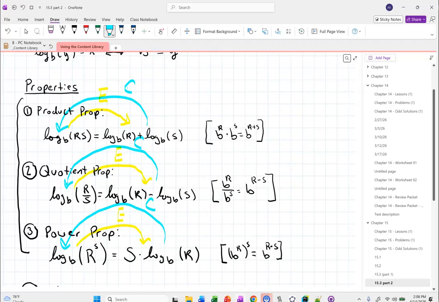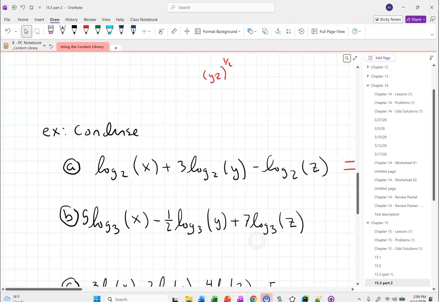So for a condensing problem, we're looking for the product property, we're looking for addition between two logs. For quotient property, we're looking for subtraction. For power, we're looking for a coefficient times the logarithm, right? So just kind of reminding you, everything is in reverse when we're condensing, right? We're going opposite order and we're using the properties in the opposite direction.